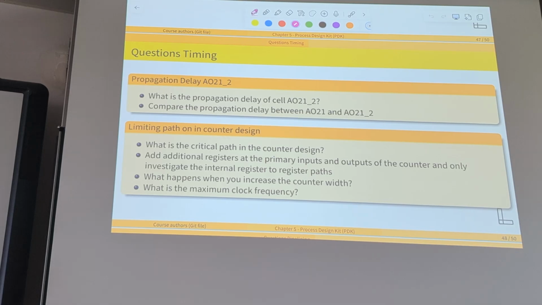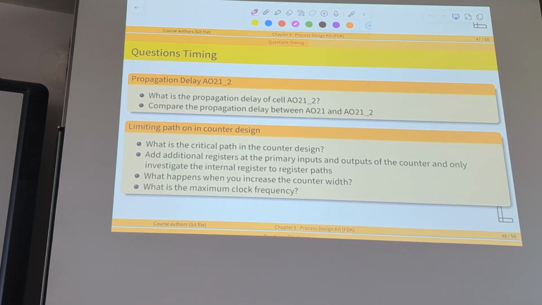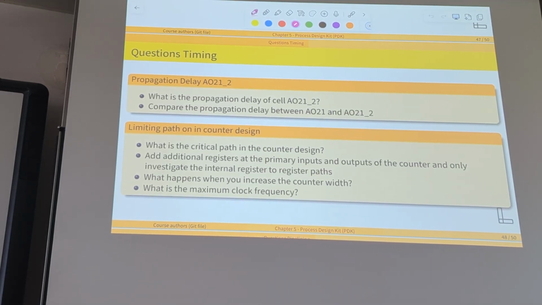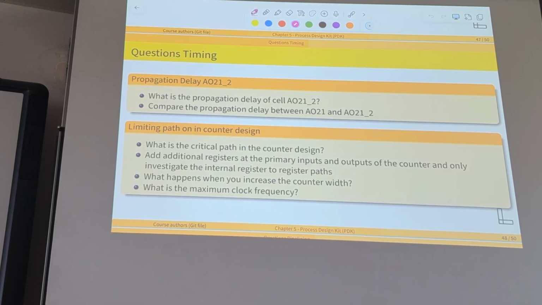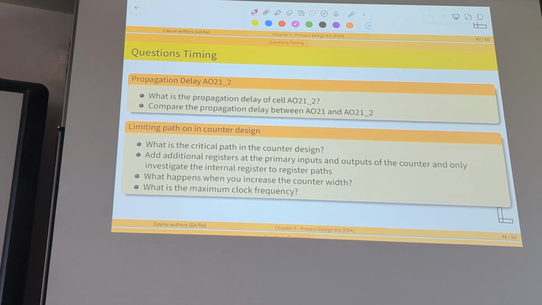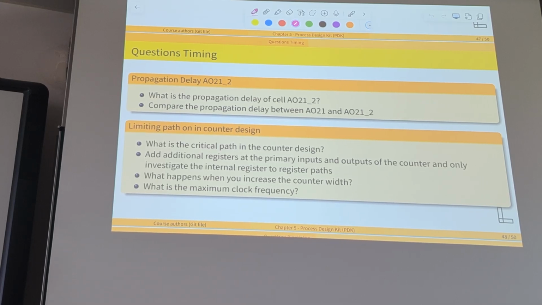But maybe you can first have a look just at the pure counter design.